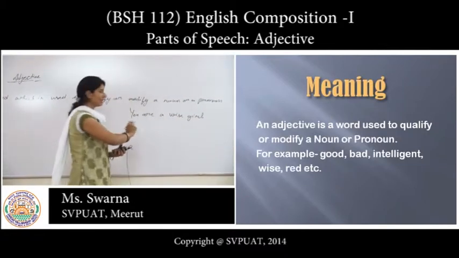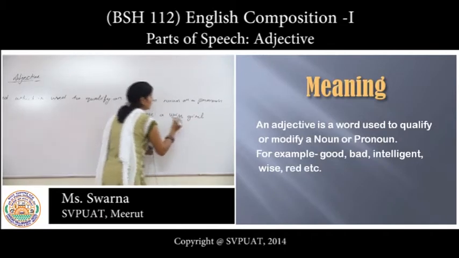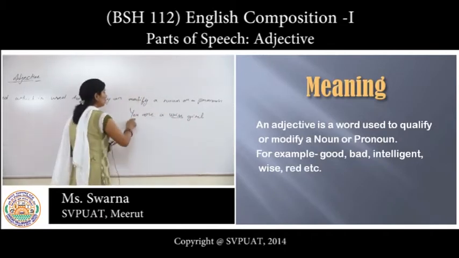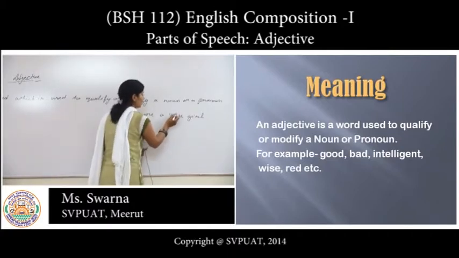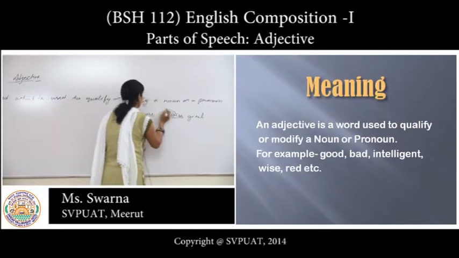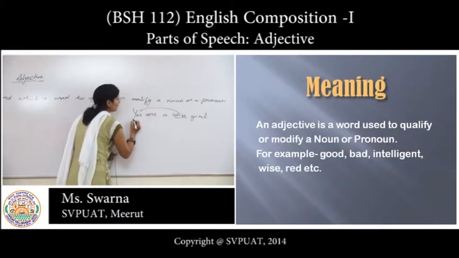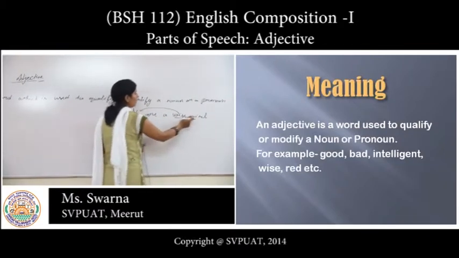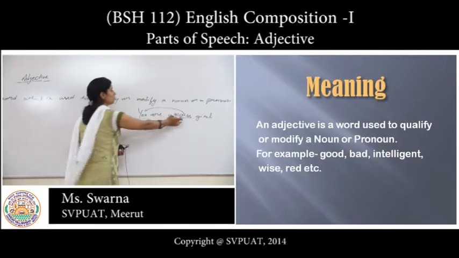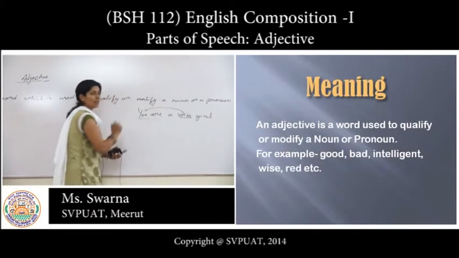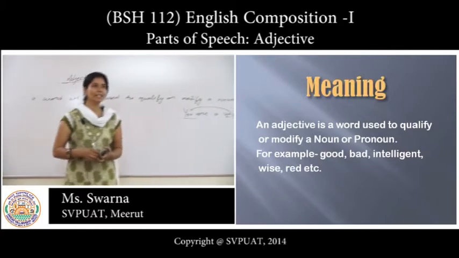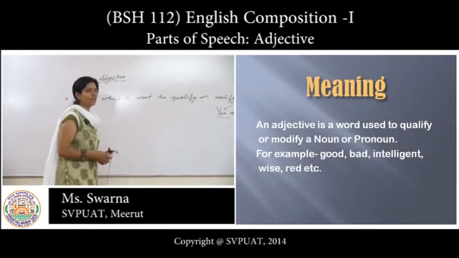In this sentence, the word wise is an adjective, you is a pronoun. This word wise is an adjective which qualifies the pronoun, that is you. You are a wise girl. It denotes the quality of you. So the word wise in this sentence is an adjective. So I think it's clear to you what an adjective is.